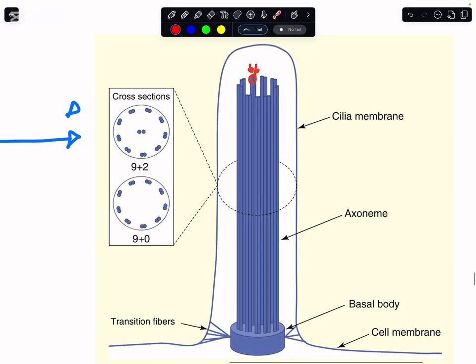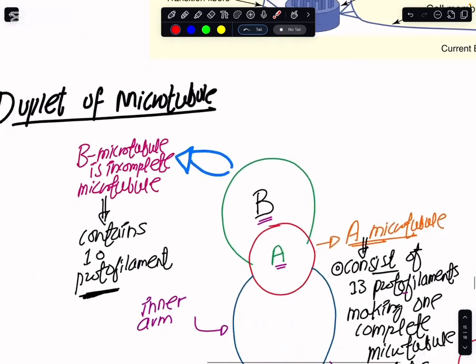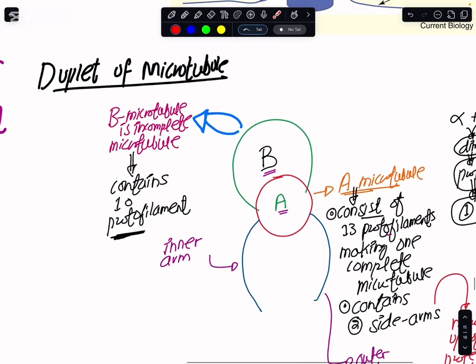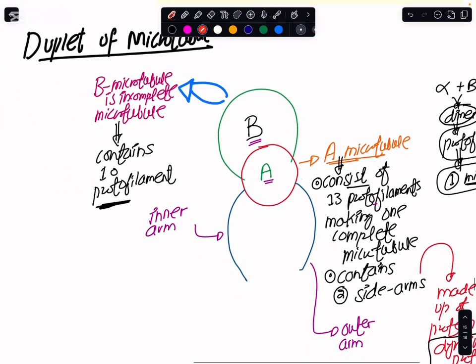Now, if I were to talk about how the configuration of this duplet of microtubules would look, this duplet further has two microtubules: the A microtubule and the B microtubule. The B microtubule we call an incomplete microtubule, because in the B microtubule we don't have 13 protofilaments but rather 10. What we know from before is that 13 protofilaments make one complete microtubule.